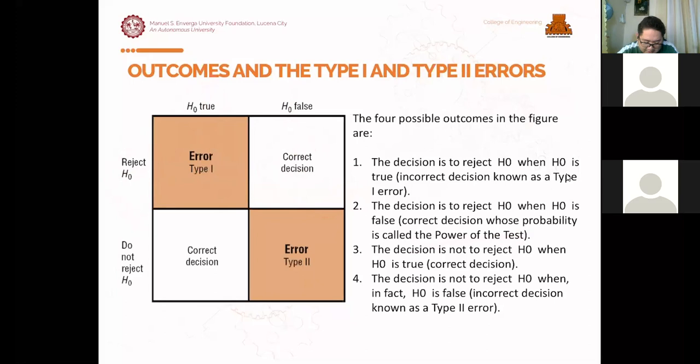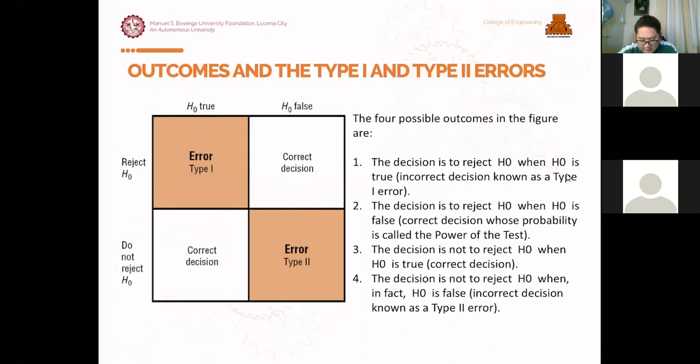Okay? Next is the intersection of the first column and second row. So, we do not reject the null hypothesis because we know that the null hypothesis is true. That is still a correct decision. Okay?